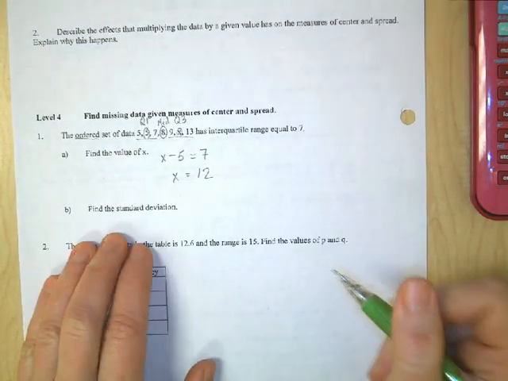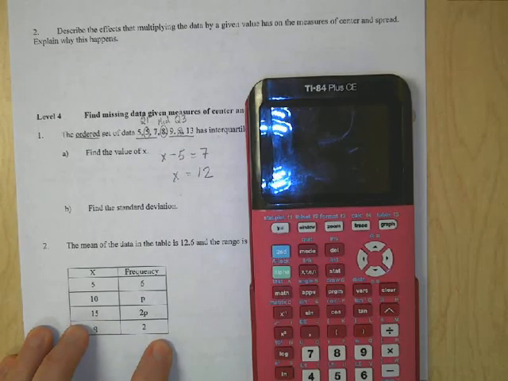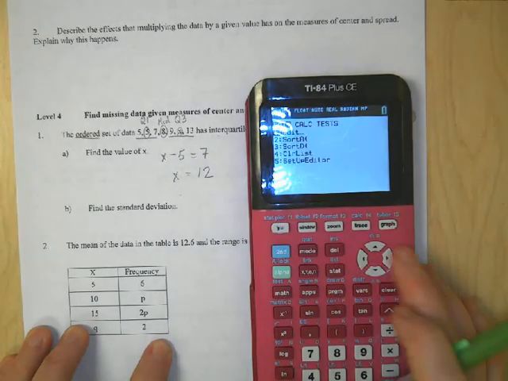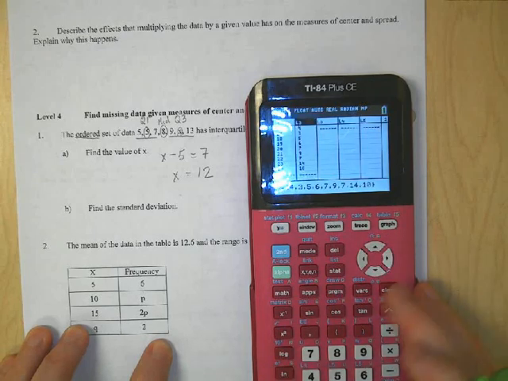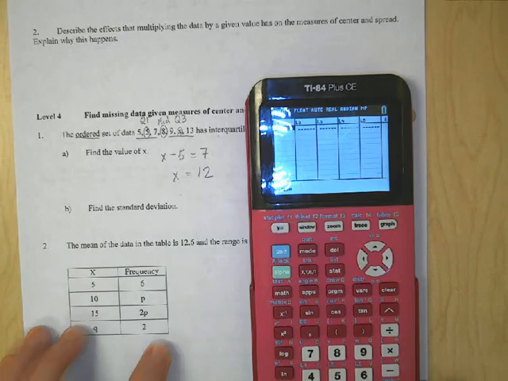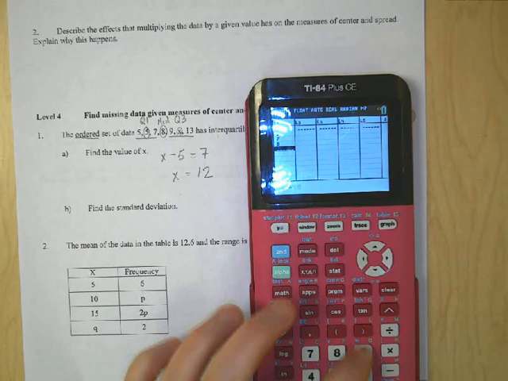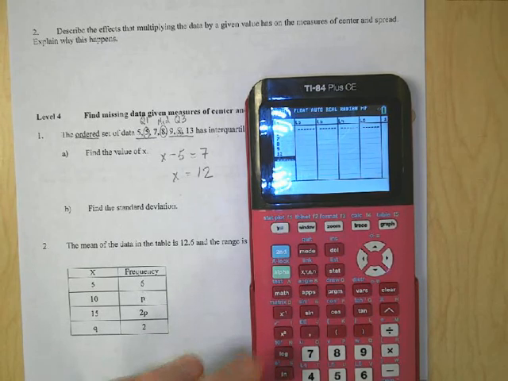Now I need to find the standard deviation. All right, back to the calculator. So I am going to go to my data, clear it out, and I'm going to put in 5, 5, 7, 8, 9, 12, and 13.